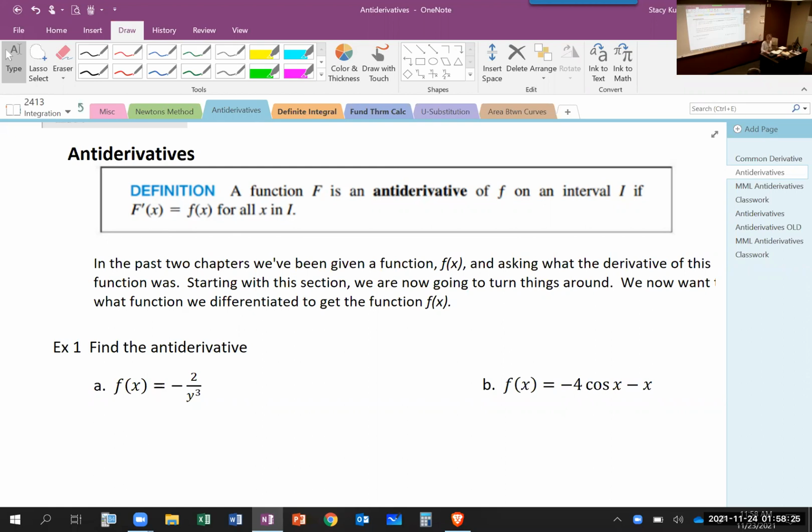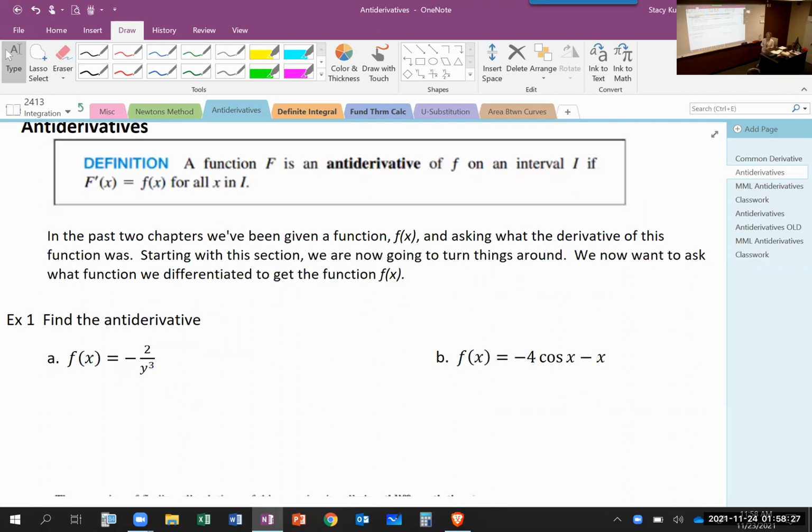Don't get bogged down too much with the definition there. Understand an antiderivative is the reversing of a derivative, all right?